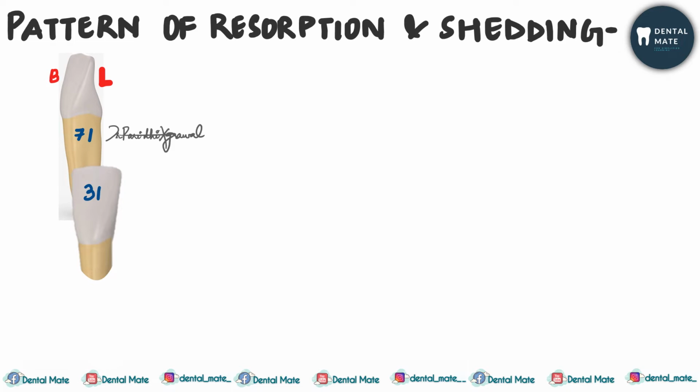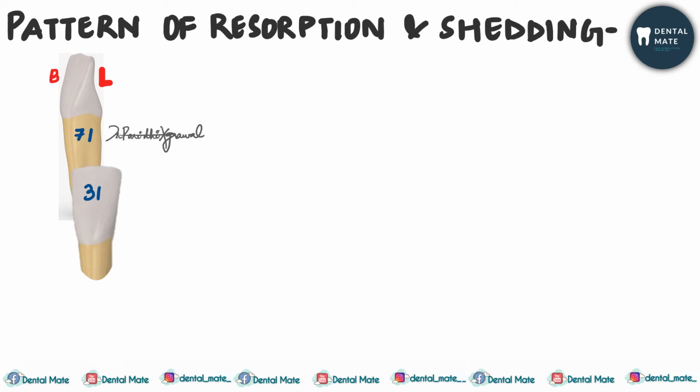Next, if we talk about the developmental position of the premolars, we must recollect one thing: the permanent molars do not have any predecessors, right? Because in place of the primary molars come the premolars, and the permanent molars are newly formed by the distal extension of the dental lamina or the developing tooth bud of the premolars.